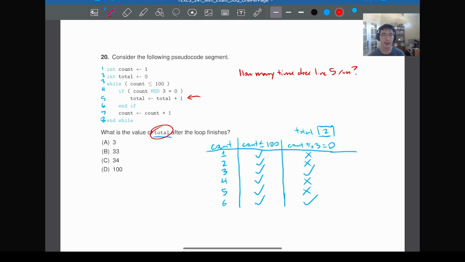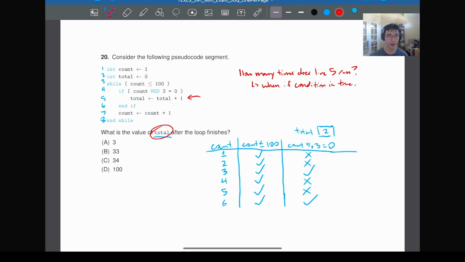Okay, and line 5 runs as long as line 4, the if condition, is true. So if we can somehow figure out all of the cases of when the if condition is true, then we can solve this problem.